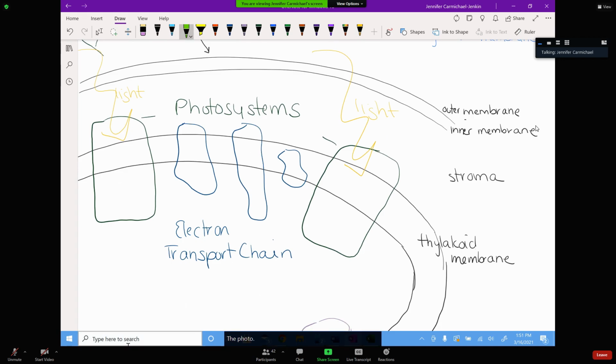The photosystem is a complex of chlorophyll and proteins. We care about the chlorophyll, so I'm going to draw some little chlorophyll in here. Green, because that's how we see them. Any pigment we see is the reflection of light, not the absorbance of light.